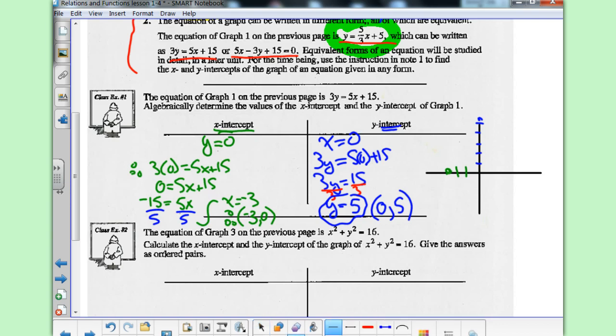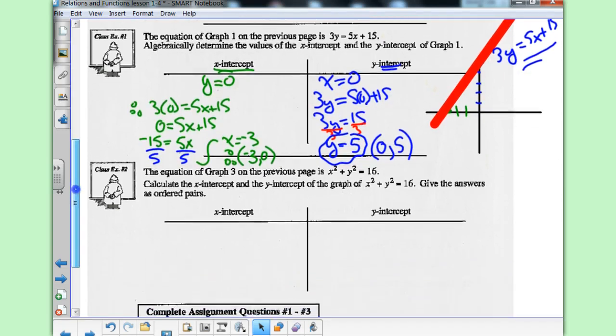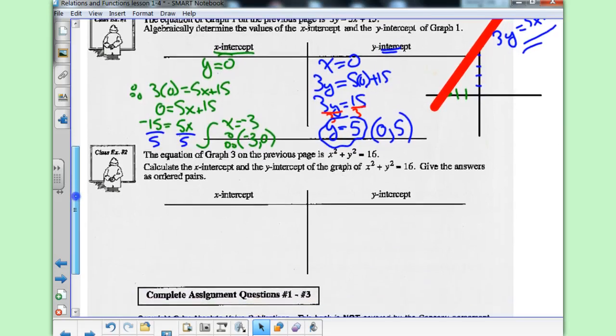It's a line that looks like that. That's the line whose name is 3y is equal to 5x plus 15. When you plot it based on its x and y intercept, that's what you get. Pretty powerful stuff. You can now get to see what it looks like. And we'll show later how you can graph it on your calculator and so on.